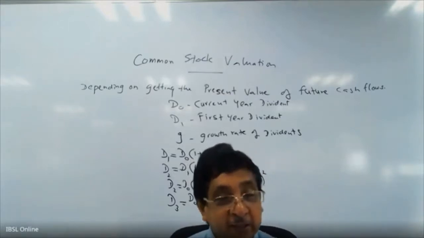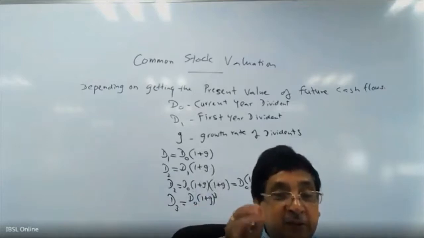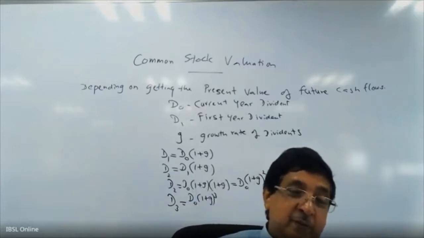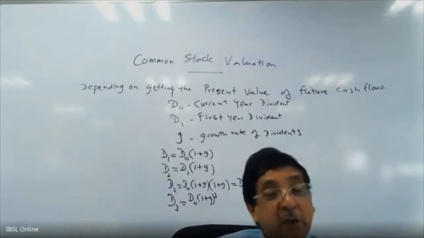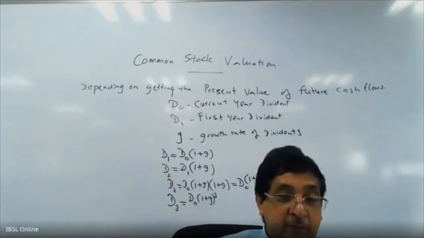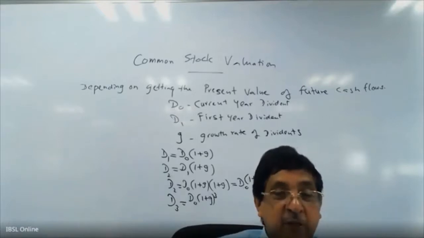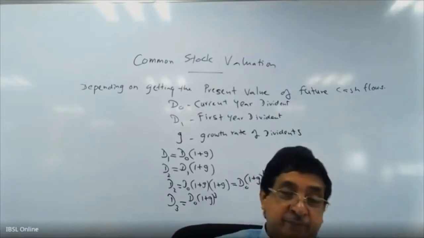D2 divided by 1 plus K to the power 2. Now, K is the discounting factor and it is the internal rate of return, or required rate of return. We normally call it required rate of return. That is K.